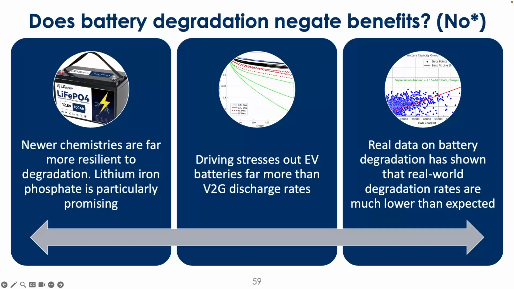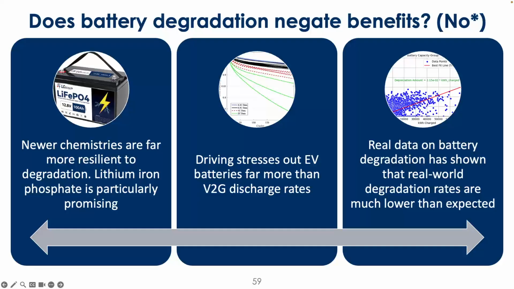Driving, it turns out, stresses your batteries a lot more than vehicle-to-grid participation and the speed at which they're discharging. There's an easy way to think about this, right? If I have a 100 kilowatt hour battery and I'm charging at 6 kilowatts, that's going to take 15 to 20 hours to charge. If I'm driving on the road at freeway speeds, I'm probably going to discharge the car in 4 to 5 hours, right?